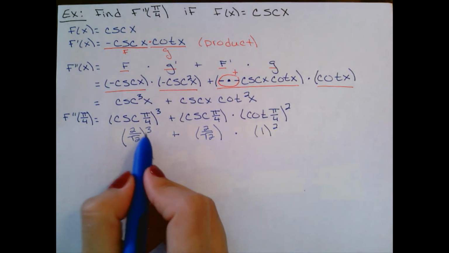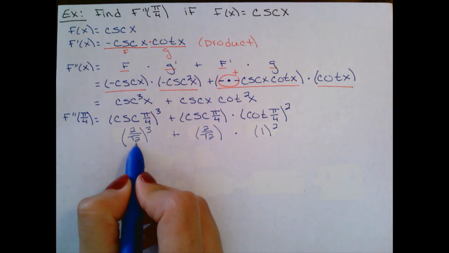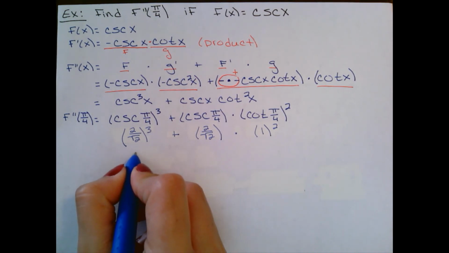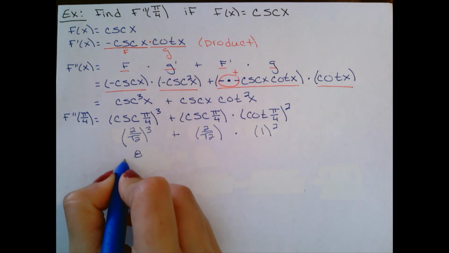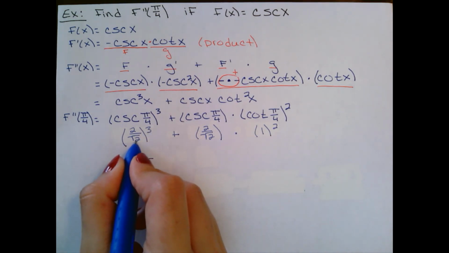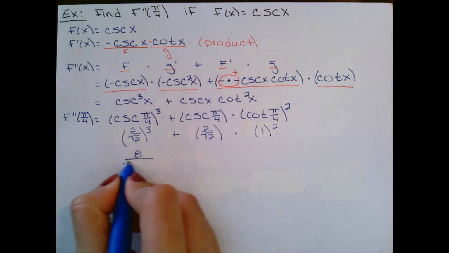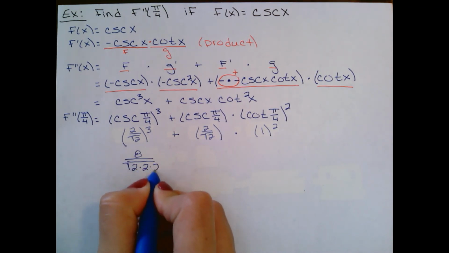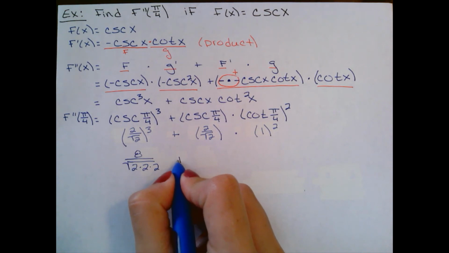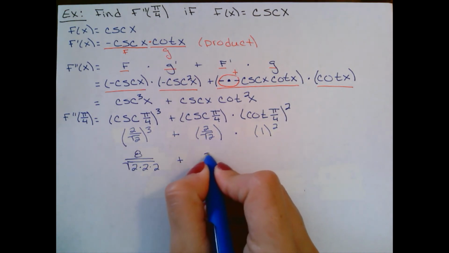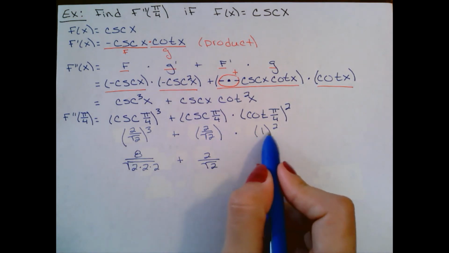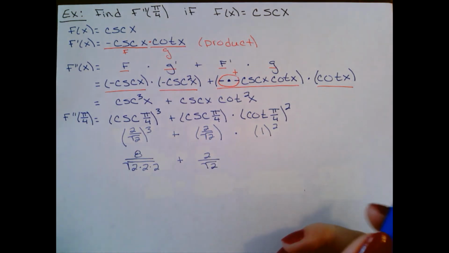Okay? So now, remember when we have an exponent, we cube both the numerator and the denominator. 2 cubed is 8. Over, and if I cube this, it's like saying I have in the square root, now I have 3 of these 2's. Okay, plus 2 over square root of 2, because anything times 1 is just going to be itself, all right?